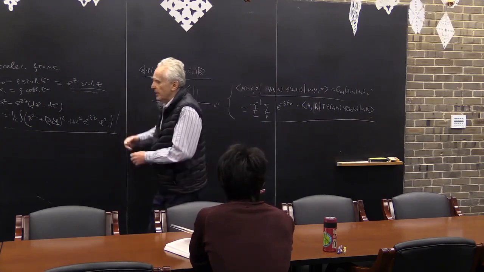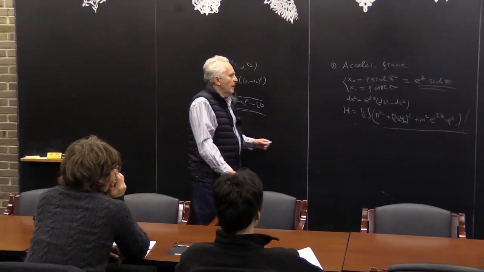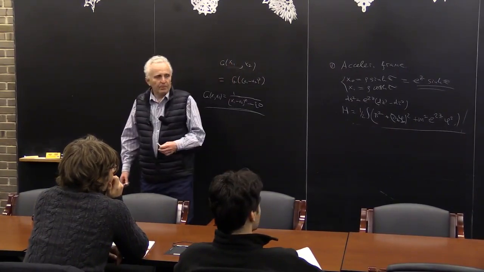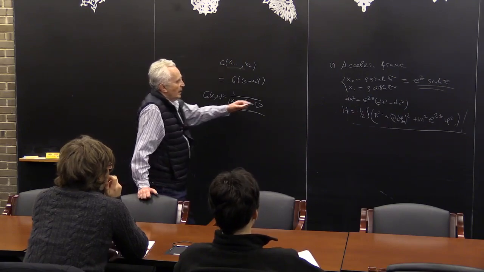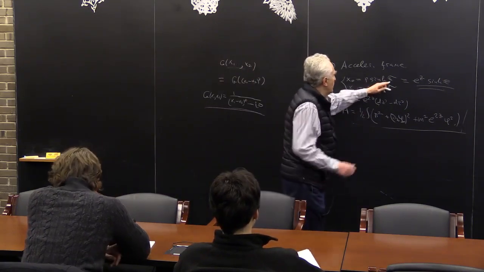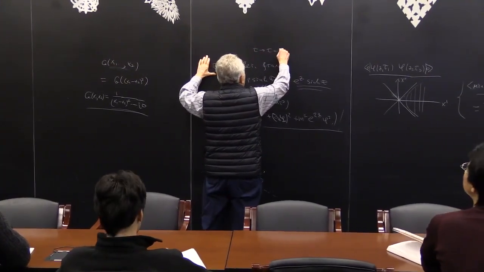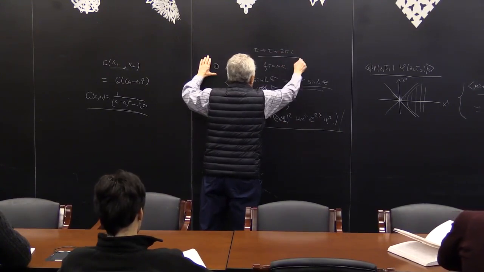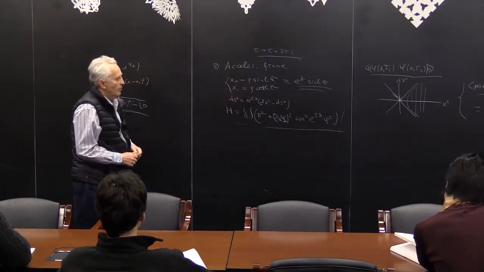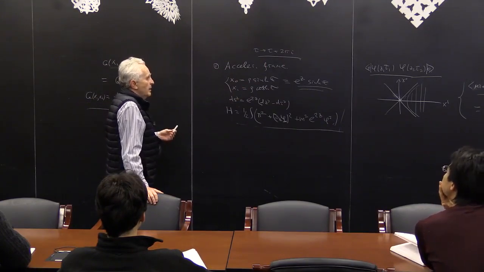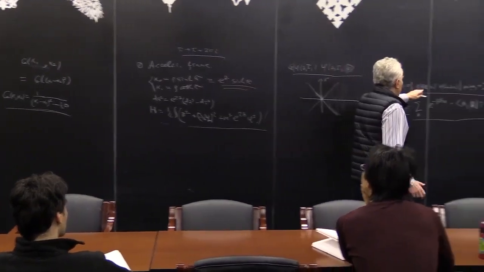It's enough to look at the blackboard and see the formulas. It's just because when you change tau to tau plus 2 pi i, these things don't change. And that means that the whole thing will be periodic in imaginary time.